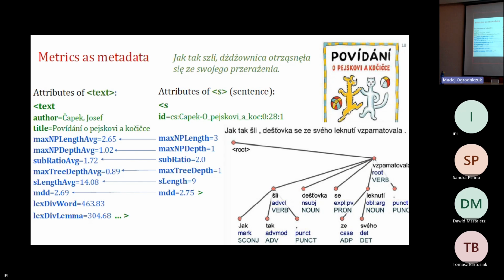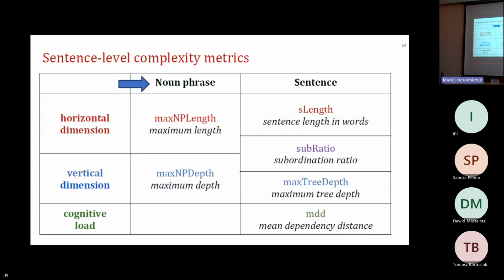And it's based on this structure. When we talk about sentences and about noun phrases, we have 2 measures. The first is the maximum number of words within an NP in that sentence. So we take the longest noun phrase, and that's the measure for the sentence. We also have the depth of the noun phrase.